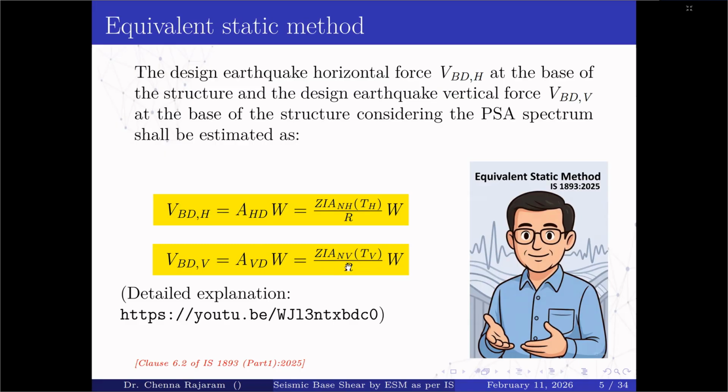In the vertical direction, R is considered as 1, and the discussion of these parameters using the equivalent static method is given in the link below.